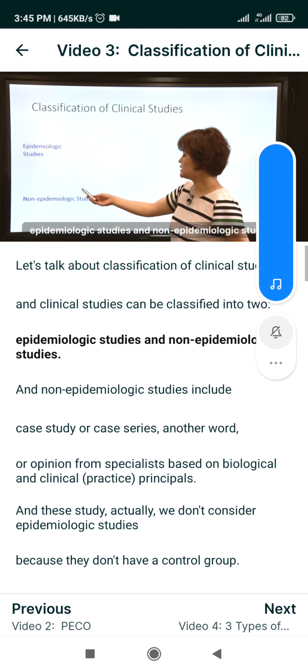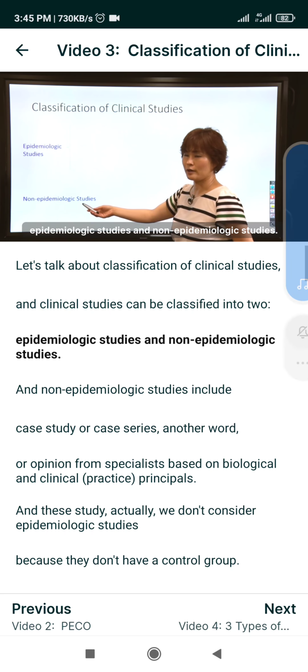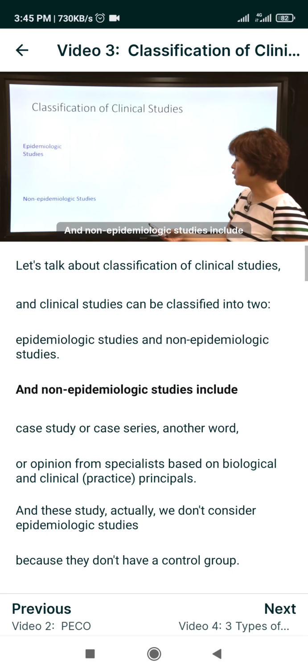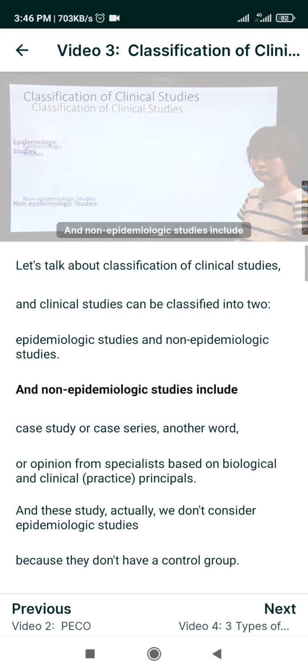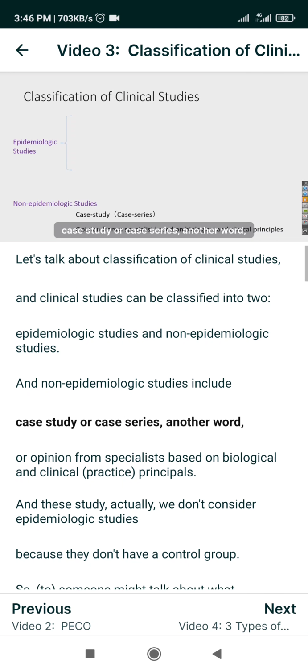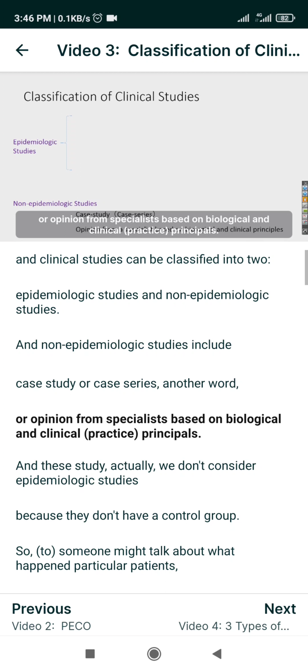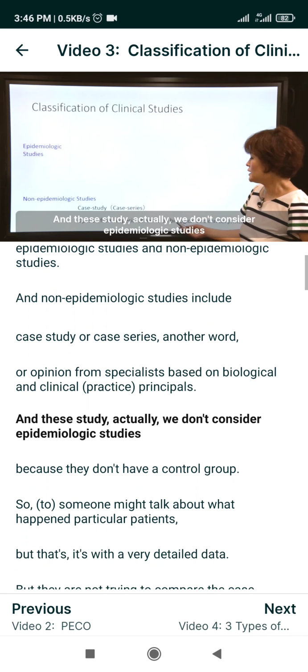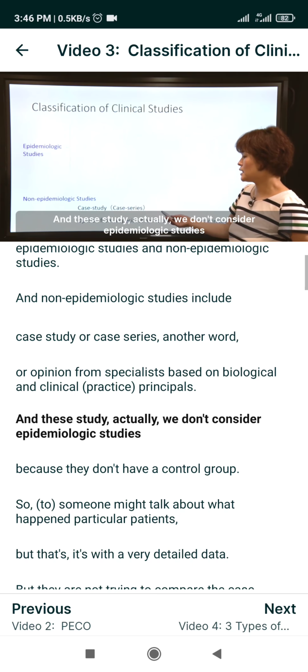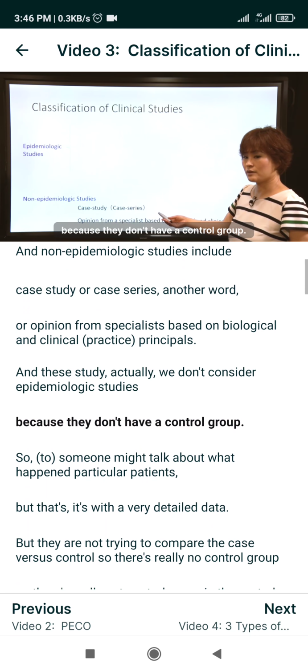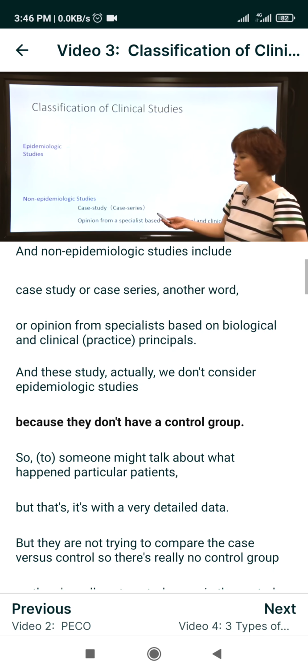Epidemiological studies and non-epidemiological studies. Non-epidemiological studies include case study or case series, in other words, or opinion from a specialist based on biological and clinical practice principles. These studies we don't consider epidemiological studies because they don't have a control group.